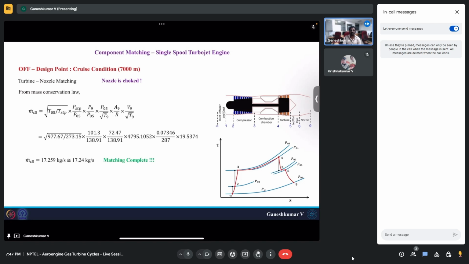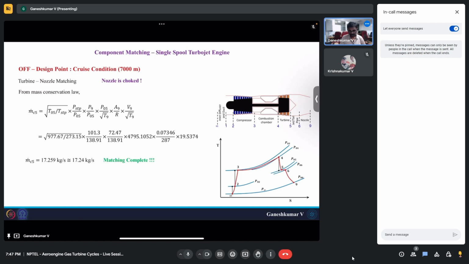The whole reason to choose a pressure ratio of 5 initially is because I already did this calculation, and hence I know at 5 it is going to match properly, so that's why I chose that. You can actually start from 4, and if you would have started from 4, you have to do this calculation again and again until you reach a pressure ratio of 5. Then only you will know that matching would be complete.